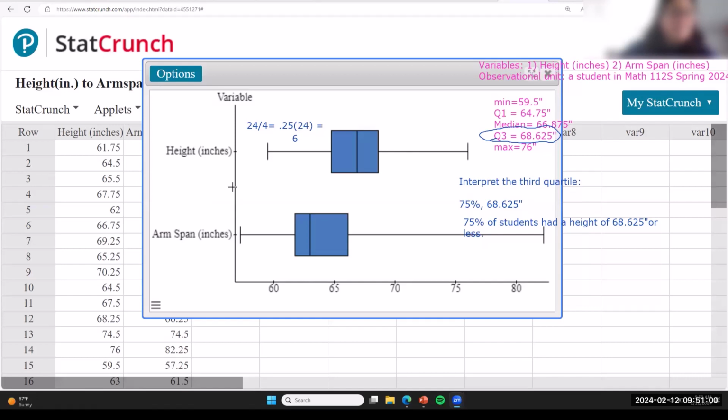Good, Lizzie, very good. Perfect, Stephanie. Okay, Benny, again, if it's the third quartile, 3/4 is how many cents? 75.